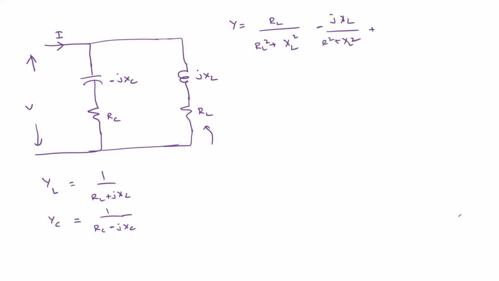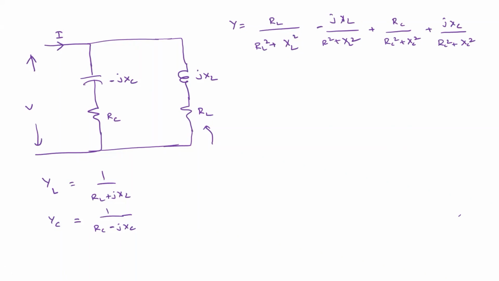The second one is RC by RC square plus XC square, plus minus jXC by RC square plus XC square. Is this correct?